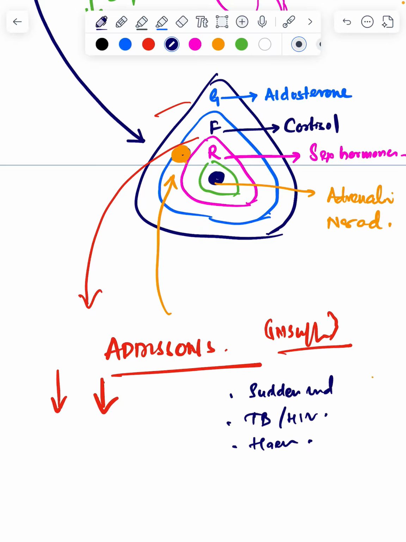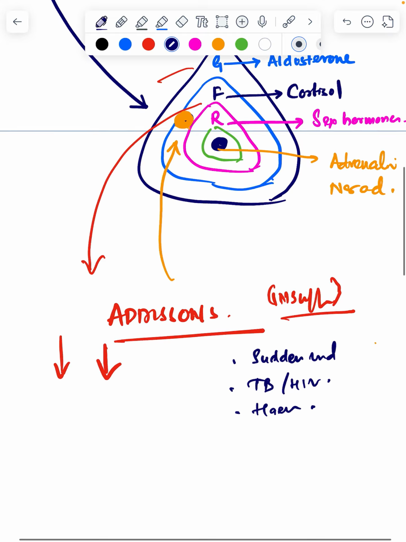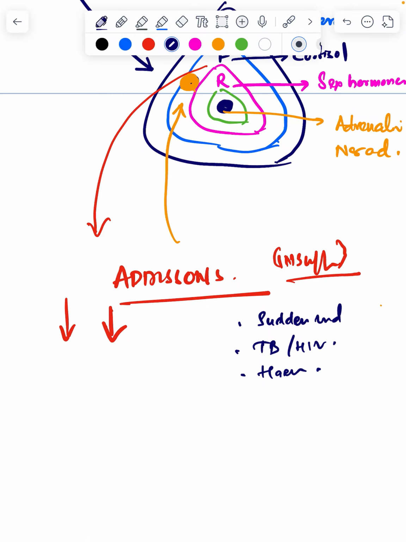The drugs may lead to sudden withdrawal, and deficiency will lead to hypotension, because this has an opposite effect. So low BP, sudden loss, blood pressure is going down, patient is in shock.